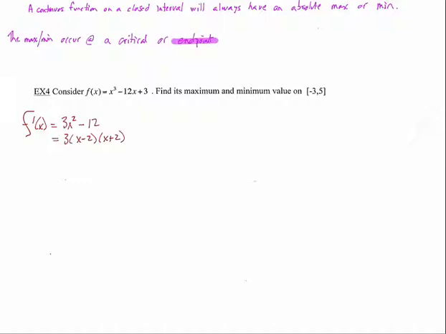So I'm going to do it this way. I'm interested in all of the values, including up to 5, and then the lower end is at -3, and I have 2 critical points here.